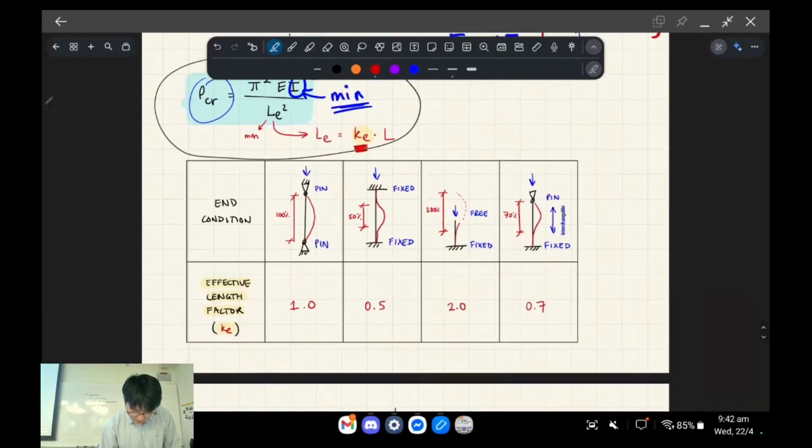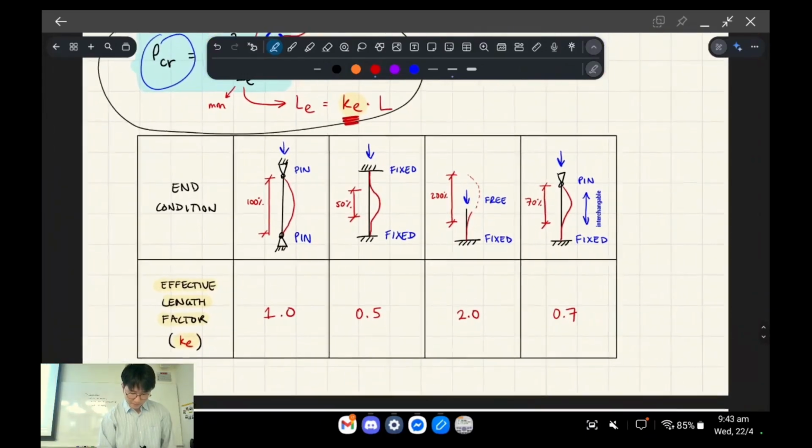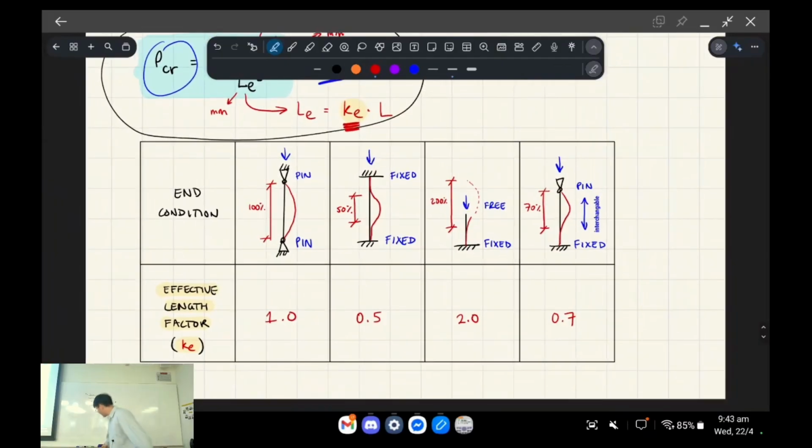KE is an end restraint condition. If this is pins, so if I've got this balsa wood board and I'm not restricting the rotation at all when I press it together with my hands, it's going to form this perfect C shape in buckling.